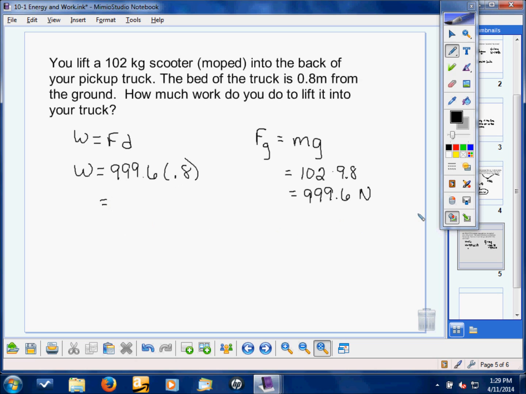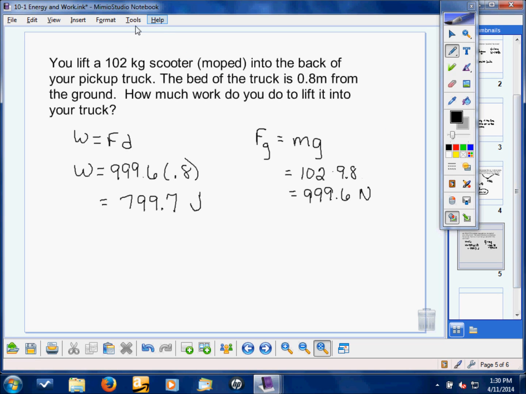So 799.68, or whatever you want to do there. And the work is measured in the unit of joules. Now in this case it's being lifted upwards, so the force and the distance are in the same direction, so you are good.